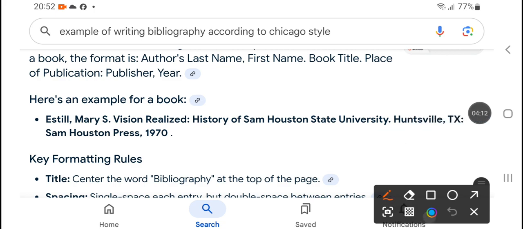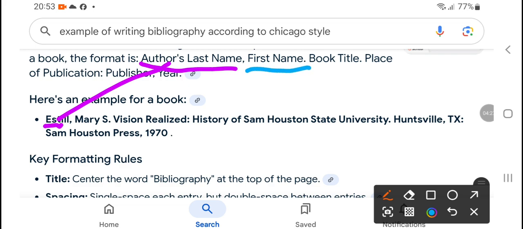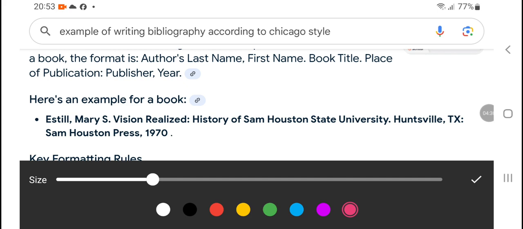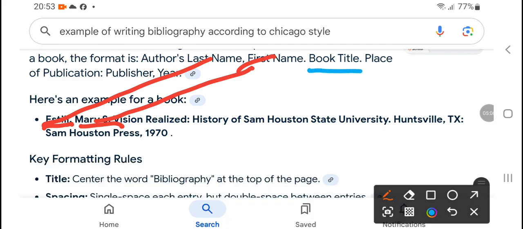This is the author's surname or last name, then the first name, then the book title.